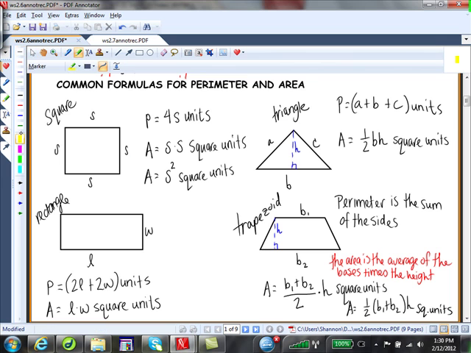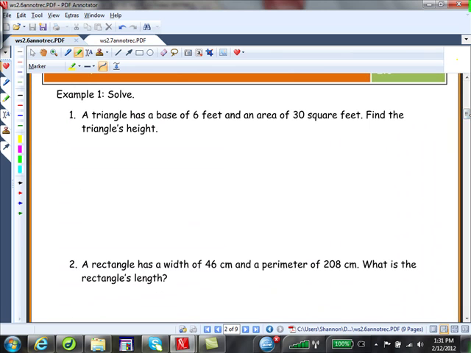So you would add up this plus this plus this plus this. That would be your perimeter P. Okay? All right, 1 down, 8 to go. Long section this time.